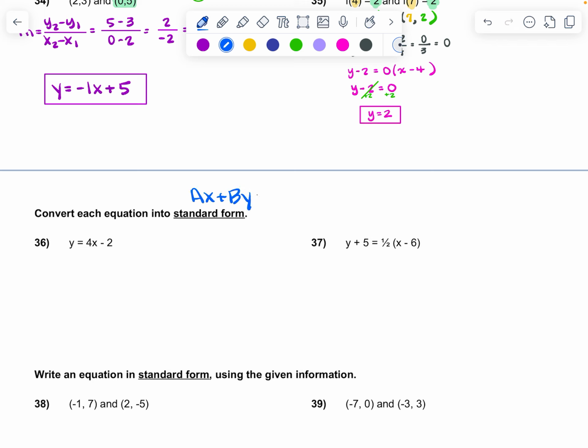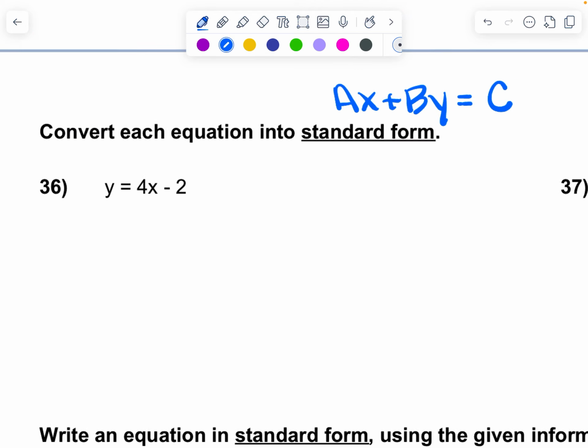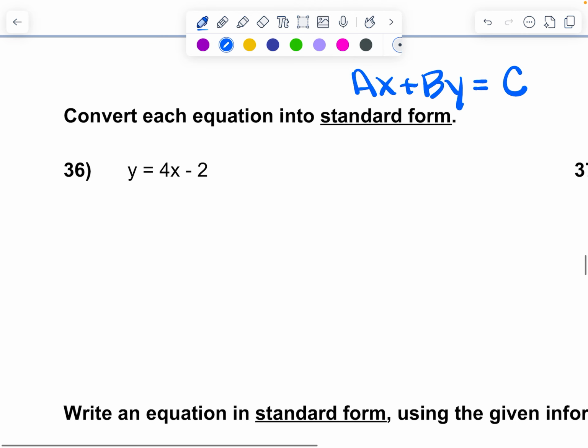Remember, standard form means all of our x's and y's are on the same side and the constant is on the right, and you can have no fractions or decimals, and the first term has to be positive. You guys were really good at this in class. So clearly on this first one, this is in y equals mx plus b form, but I want it in standard form. So I want to move all my x's and y's to the left.